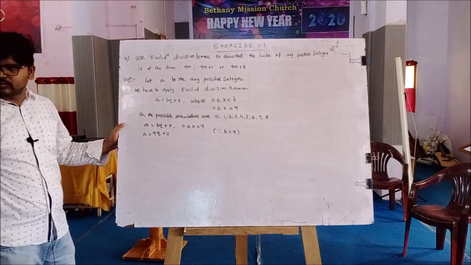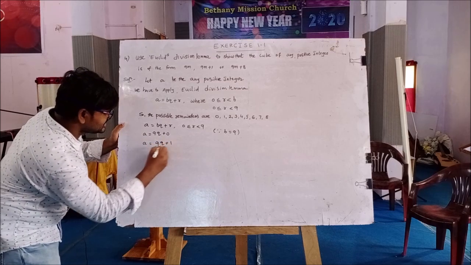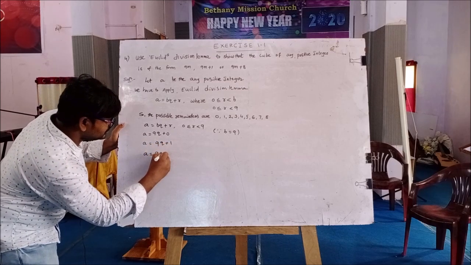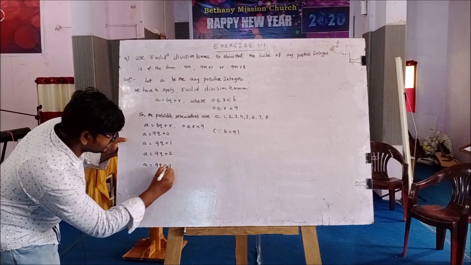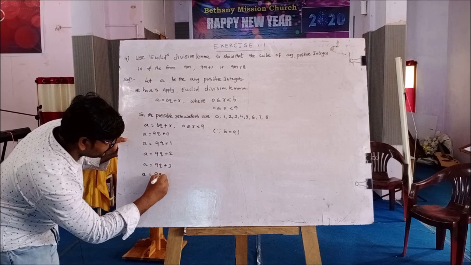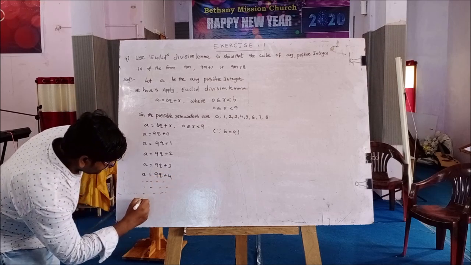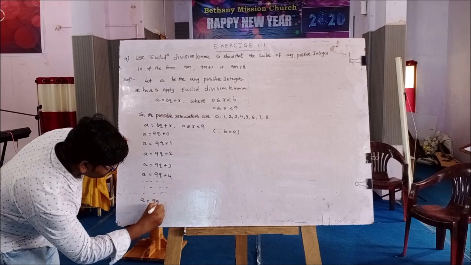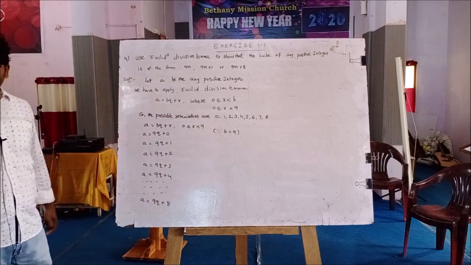A equals 9Q plus 0, and A equals 9Q plus 1, A equals 9Q plus 2, A equals 9Q plus 3, and A equals 9Q plus 4 and so on. Similarly, A equals 9Q plus the last remainder 8.